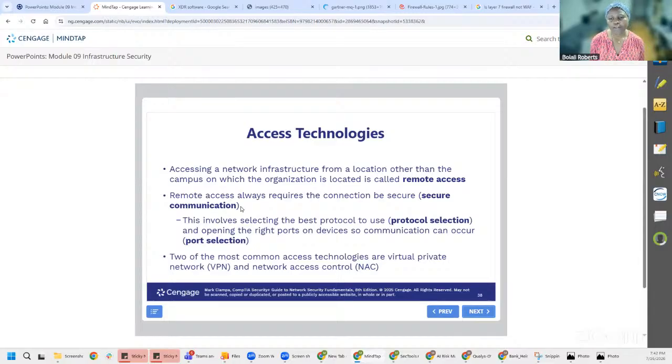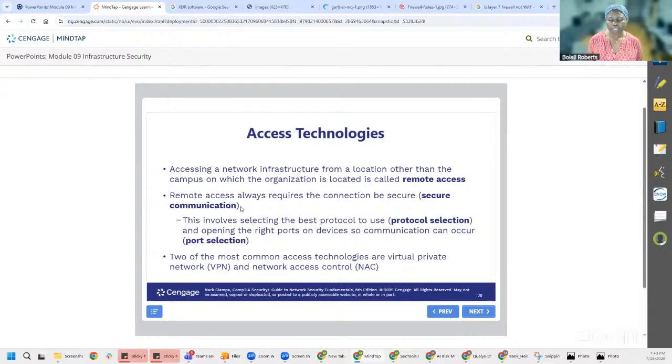Your VPN is one remote access tool. There is also some software that does remote access. But during remote access, the communication needs to be secure, to prevent an attacker from gaining access to the traffic as it is traveling from source to destination.